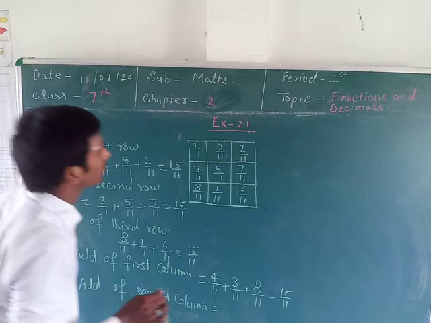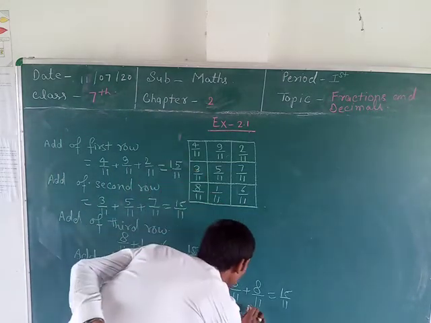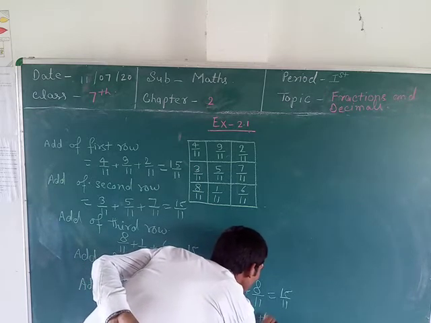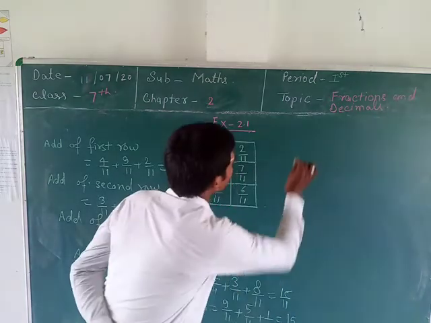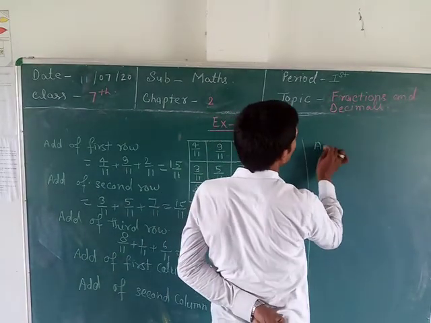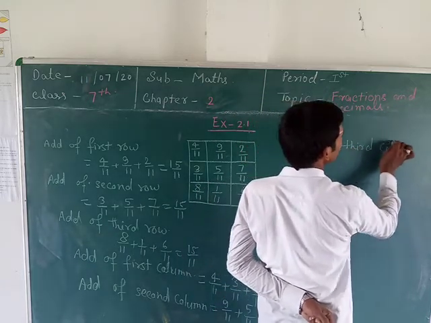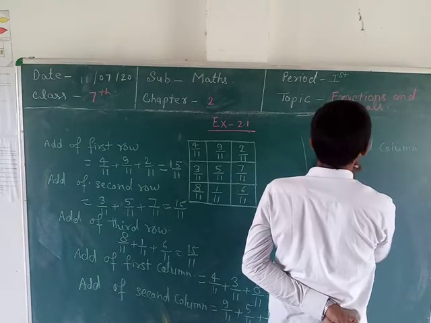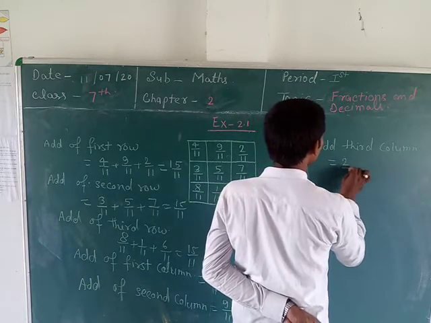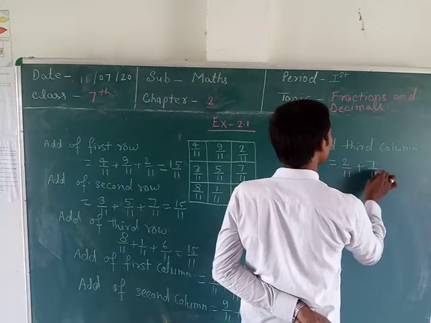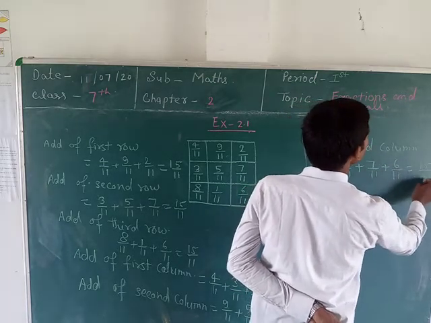Equal to 9 upon 11 plus 5 upon 11 plus 1 upon 11 equal to 15 upon 11. Then add up third column. Two upon 11 plus 7 upon 11 plus 6 upon 11 equal to 15 upon 11.